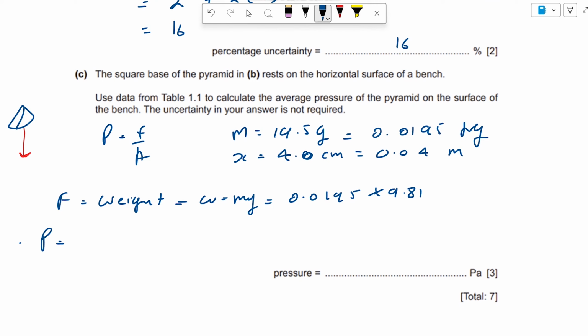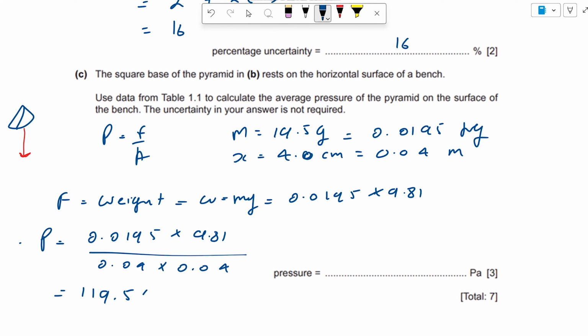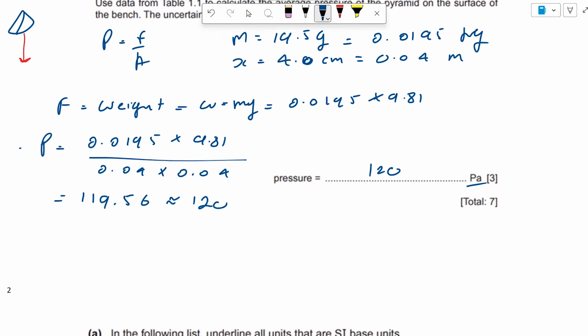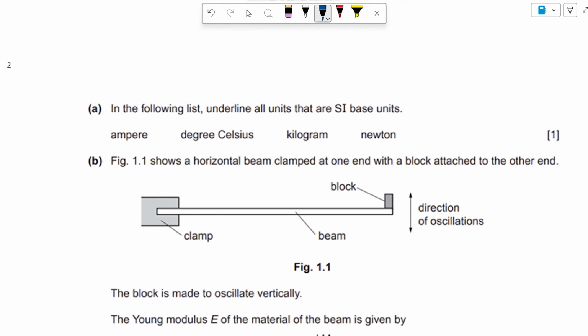Therefore, P is equal to 0.0195 times 9.81 over 0.04 times 0.04, which is equal to 119.56, which can be rounded off to 120 pascals. Okay, let's move on to the second question.